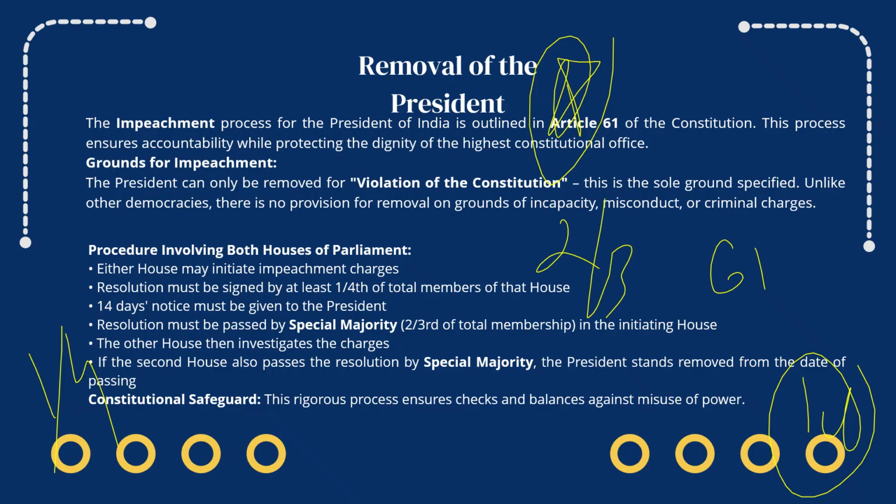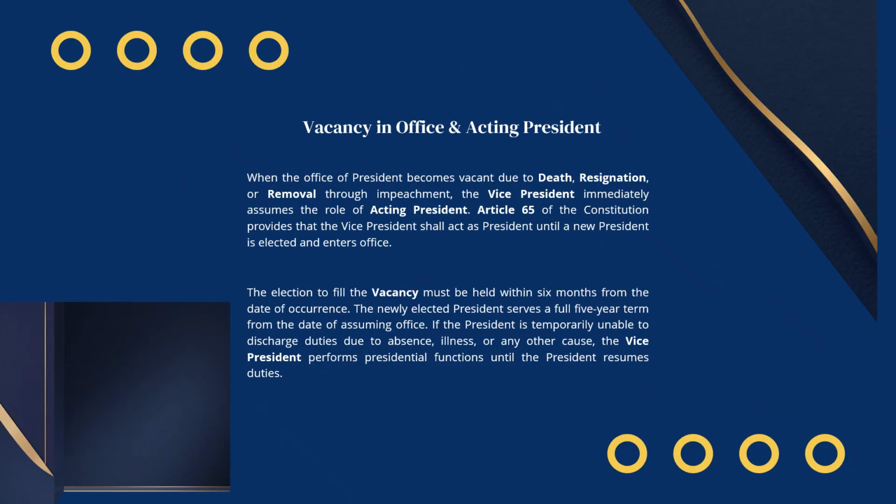And after this, the House investigates the charges, and the other House also passes the resolution with special majority. Then the President is removed from the office from the date of passing the resolution. This is a very strict process just to prevent the misuse of power. And that's all.